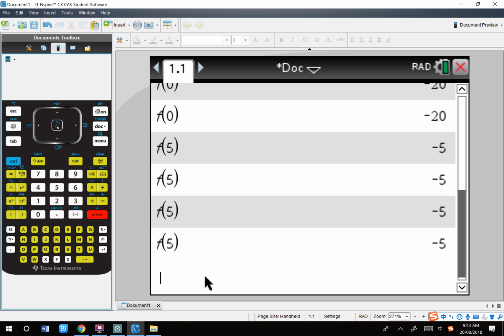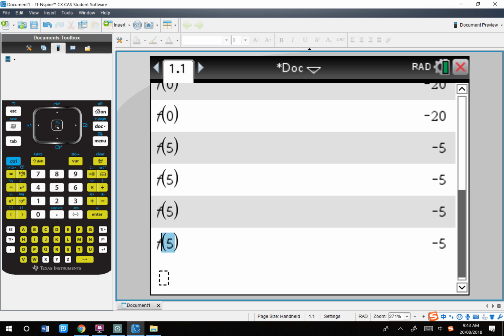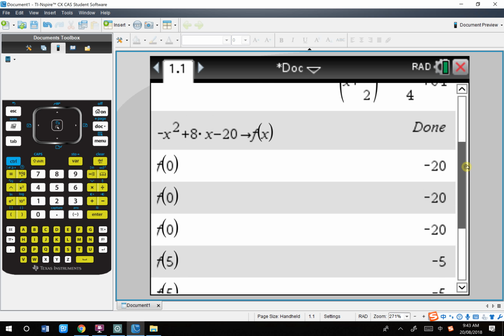So why do I want to define the function? Because it's convenient to substitute. If I don't define this, I need to sub 5 in here, and then if I also change to another value, for example 10, I need to write minus 10 squared plus 8 times 10 minus 20.